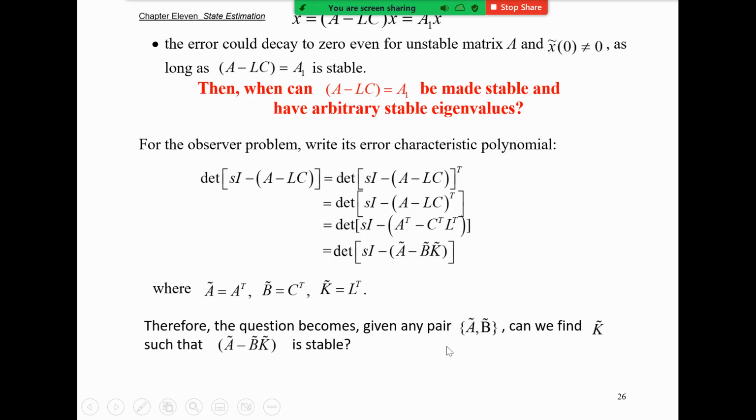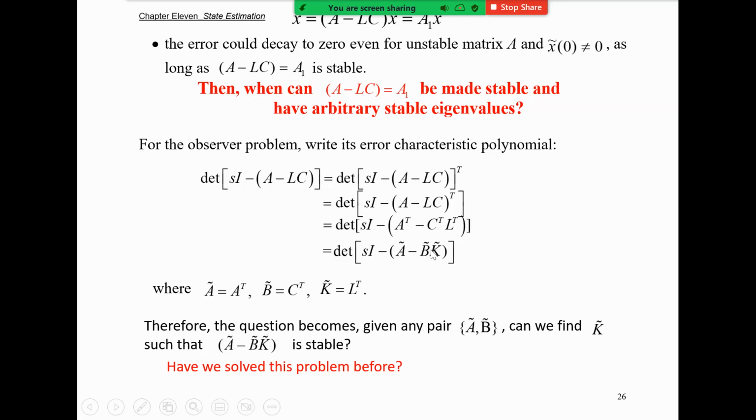Therefore, the question is, given a pair of matrices A tilde and B tilde, where A and C are given so A tilde and B tilde are known, can we find K tilde such that A tilde minus B tilde times K tilde is stable? Look at the way we define the problem. Have we solved this problem in the past? That is the problem I solved in the first class, Chapter 7.